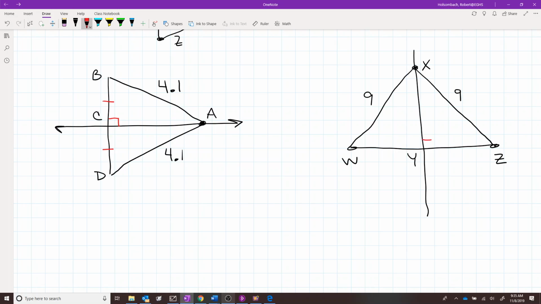This angle right here, the angle of intersection is 90 degrees, and Y to Z is equal to 3. You're asked to find how far it is from W to Y. Well, if point X is the same distance from W than it is from Z, then it sits on the perpendicular bisector of a segment. And if X to Y is a perpendicular bisector of W to Z, and YZ equals 3, then how far is it from W to Y? 3.